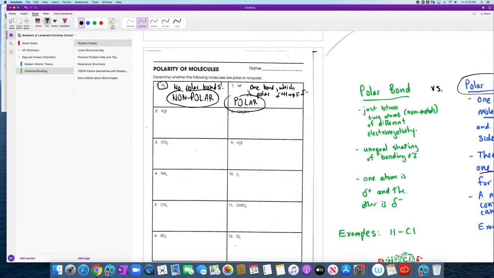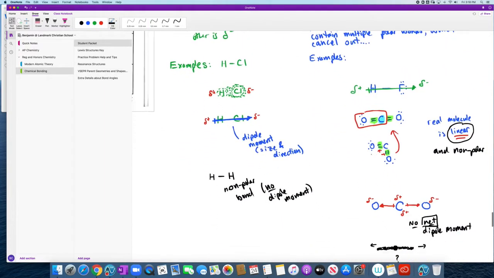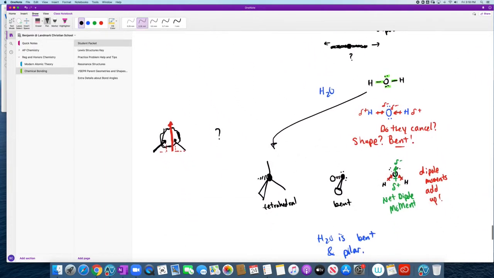Now I just mentioned water and carbon dioxide. This one's polar, in part because it's bent with two polar bonds that add up. They're both kind of pointing upward the way that I drew it here, okay?